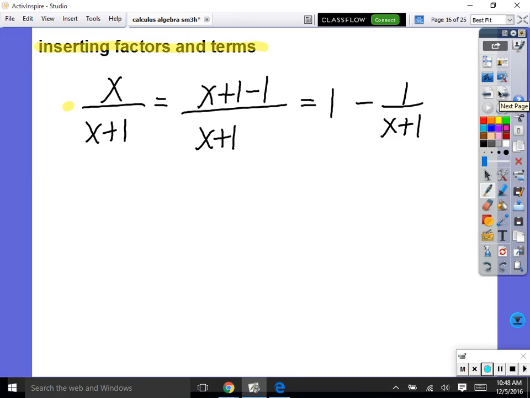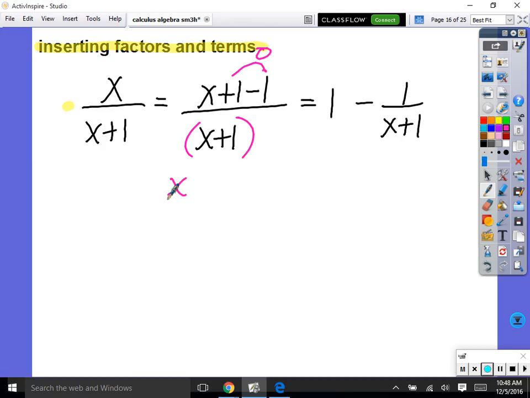Okay. Sometimes you'll see, and you will insert things in calculus, like adding a fancy 0. So x over x plus 1, you might rewrite it as x on top plus 1 minus 1. So we inserted this fancy 0. Does everybody see that? Right now you may think, well, I don't see the purpose, but you will in calculus when you're learning those things. So then we could split it up as long as we keep the entire denominator x plus 1.